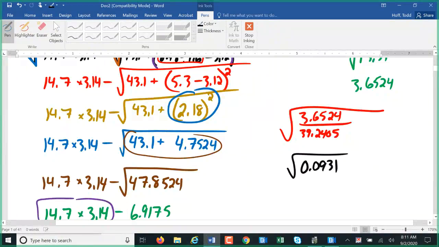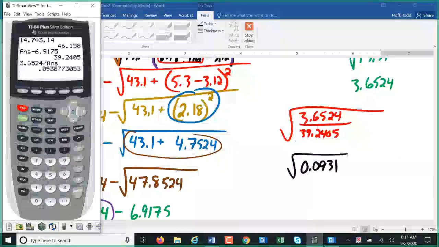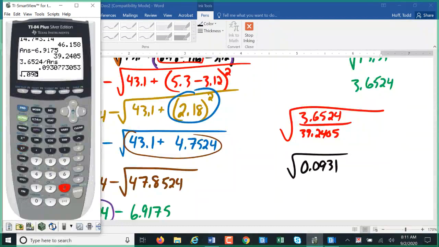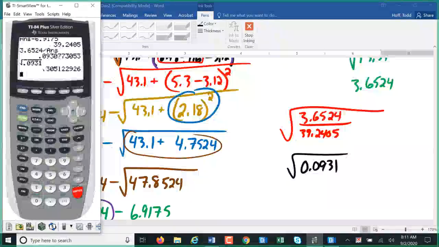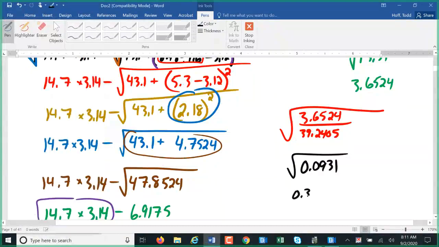And I have to take the square root of that. Second square root. I could do the second answer again, but because I rounded it, I'll just type it in. 0.0931 is 0.3051. To the nearest hundredth again, if that's what we're going to keep rounding to, that's 0.31.